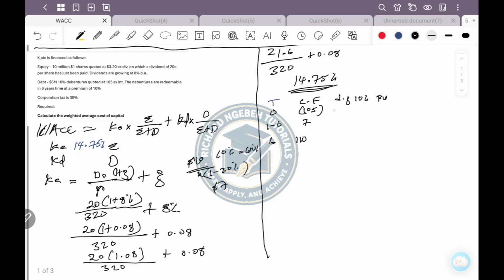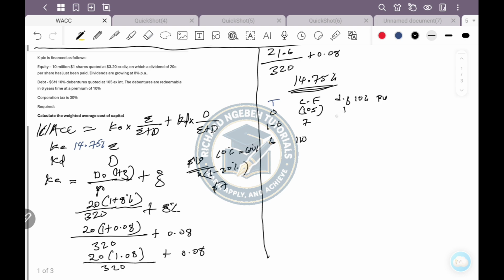So your discounting factor at year 0 is always 1. And remember, now here you're going to have a constant cash flow from year 1 to year 6, and the cash flow is 7. Since it is constant, you look at your annuity table, under year 6, and also look at a discounting factor of 10%.